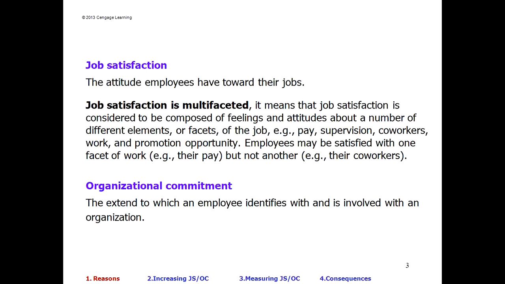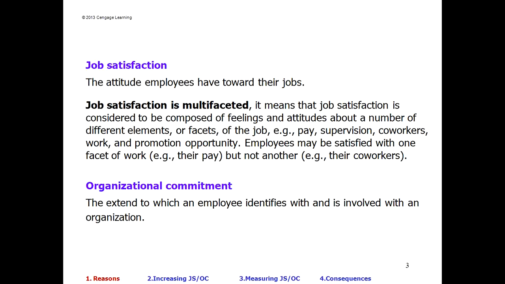You can just check what job satisfaction is: the attitude employees have towards their jobs. Job satisfaction is multifaceted. Multifaceted means that job satisfaction is considered to be composed of feelings and attitudes about a number of elements or facets of the job.